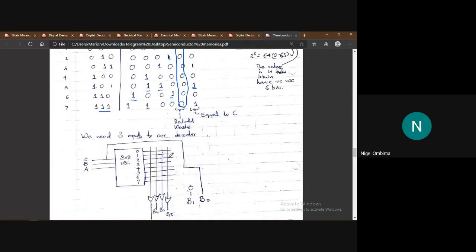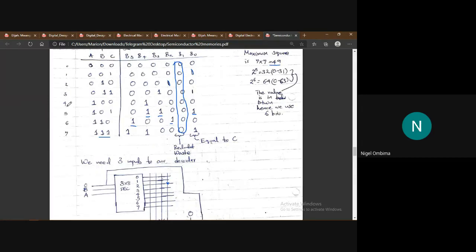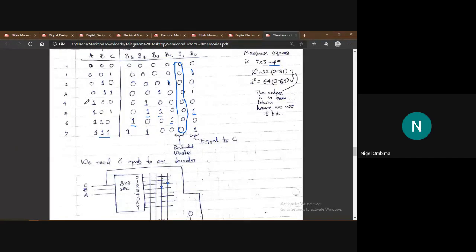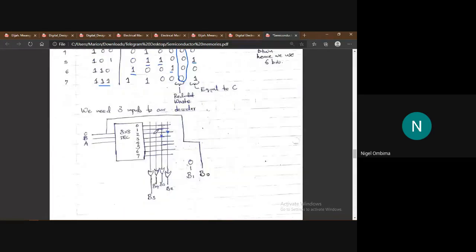Has a 1 other. Alafu for 3, B3 has a 1 and B0 has a 1, but B0 is BC. So B3 has a 1. For 4, B4 has a 1.